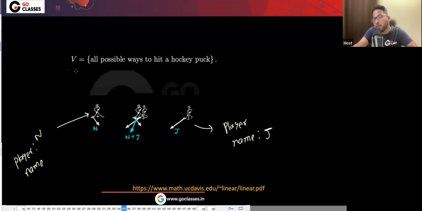Because V is all possible ways to hit a hockey puck. So if you can hit it in this way, then this is also part of V. I hope you understood what they are trying to say. These are the multiple ways in which you can hit the puck, and you can define a vector space out of it.